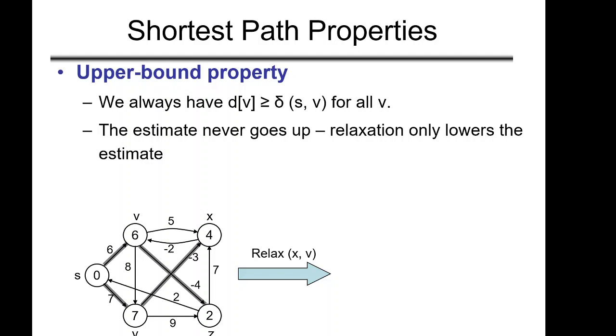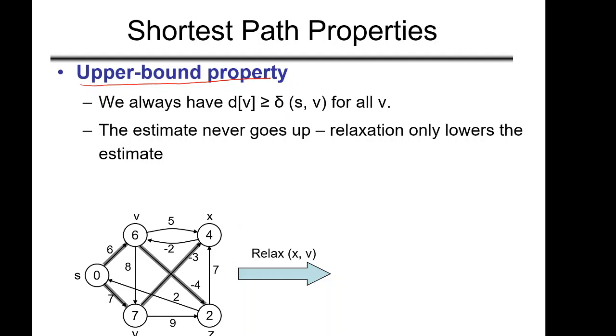Before that, let's see some properties of shortest paths. The very first and quite intuitive property is the upper bound property. It says that we always have d of v greater than or equal to the shortest distance for all vertices. Basically, whenever we do a relaxation step, we lower the estimated cost. We will never increase the estimated cost, and this is quite trivial.